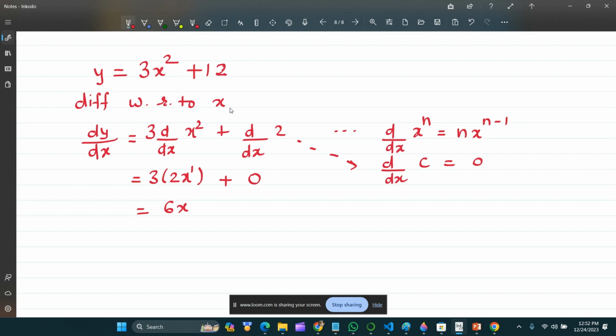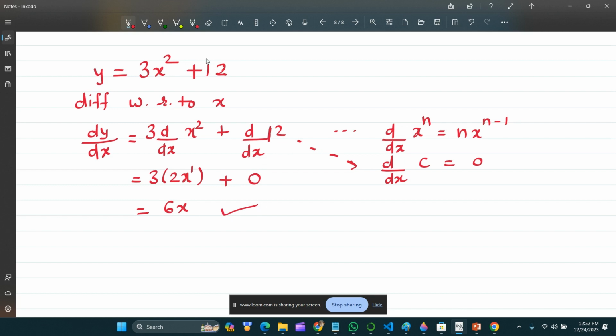Differentiate with respect to x. The derivative of y is dy by dx. 3 is a constant. The derivative of x square plus the derivative of 12. The derivative of 12 is also a constant, so it is 0, and the answer will be 6x.